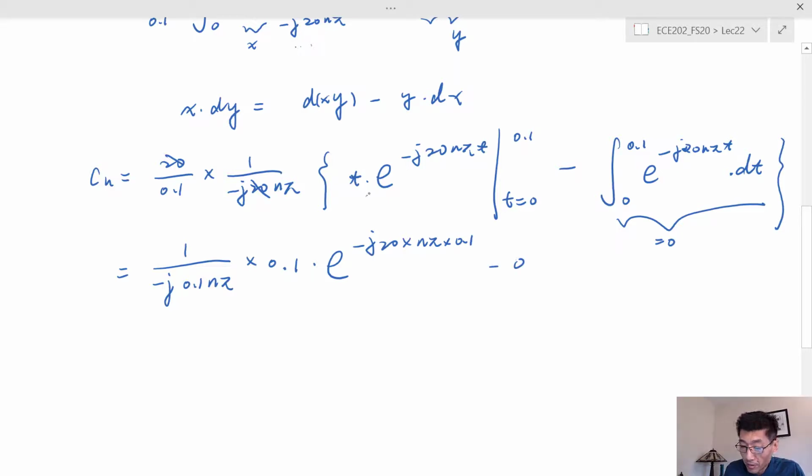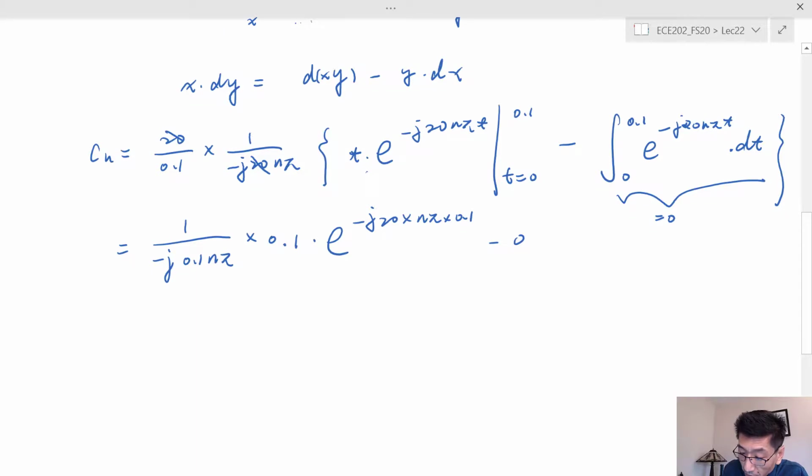Because this one is 0, so I'm not going to count that term anymore. So we have 0.1 cancelled. And this term actually is equal to e to the negative j 2 n pi.